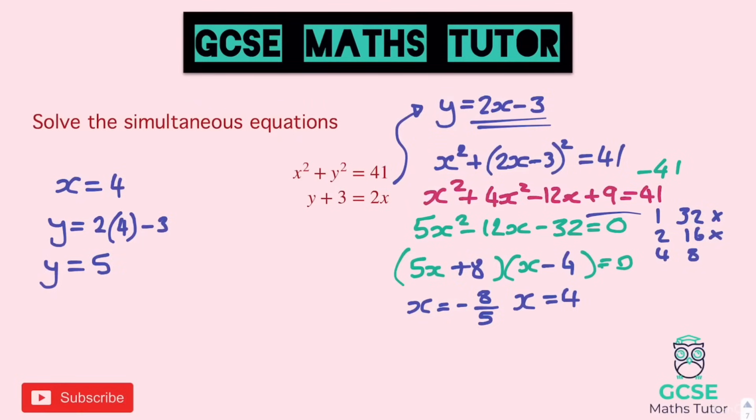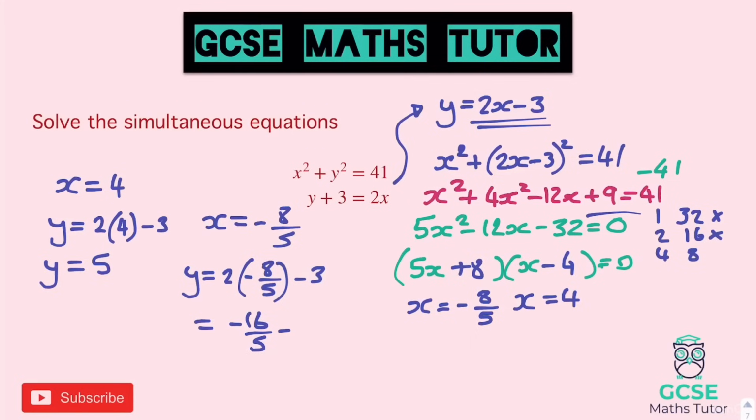On to the slightly harder one here, we've got when x equals negative 8 fifths, we just need to sub in negative 8 fifths. So y equals 2 lots of negative 8 fifths, take away 3. So let's work that out. 2 lots of negative 8 fifths, again times in the numerator, we get negative 16 fifths, take away 3.